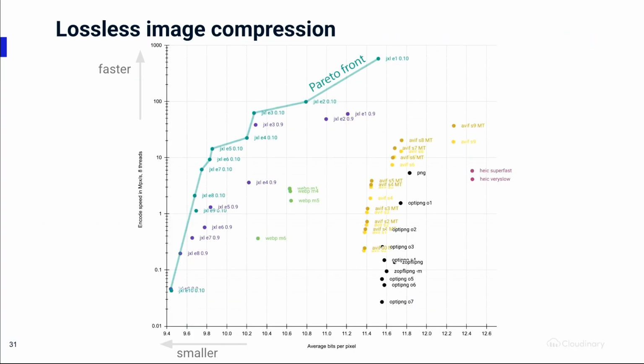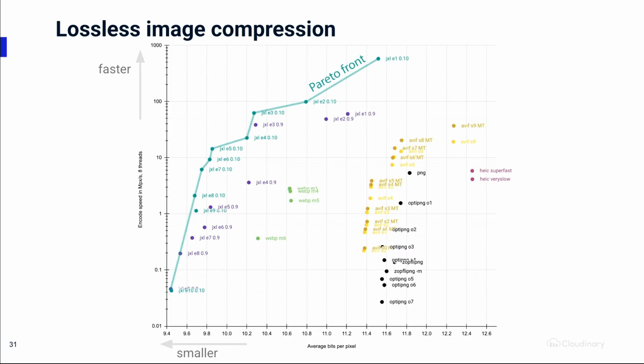Then there's lossless. Lossless is much easier to measure because you don't need humans to look at the images. So there as well, you can compare JPEG XL with, for instance, optimized PNG or with lossless WebP. But basically across the spectrum of encode speed, because you can do lossless compression at different speeds.